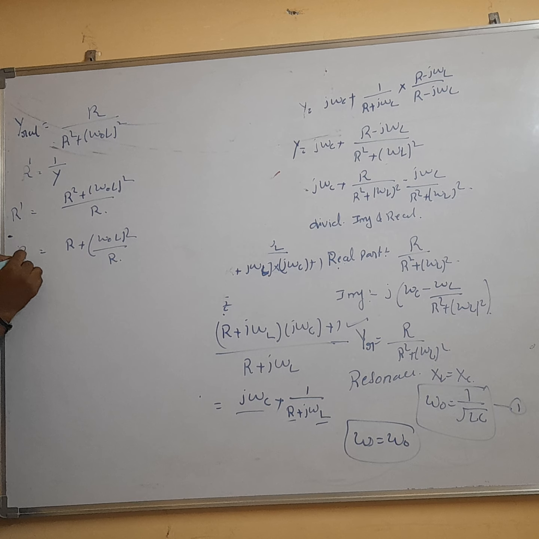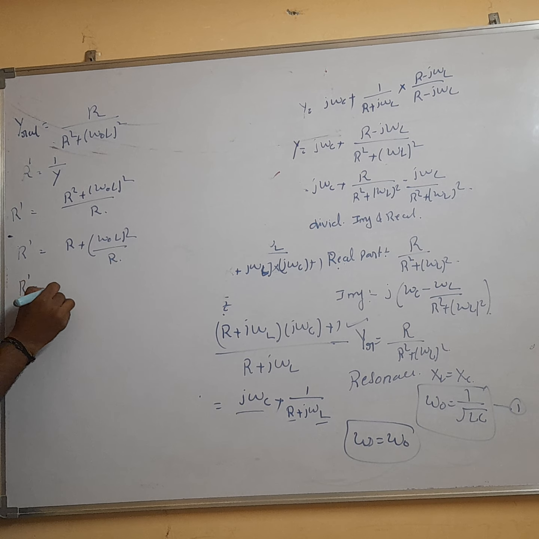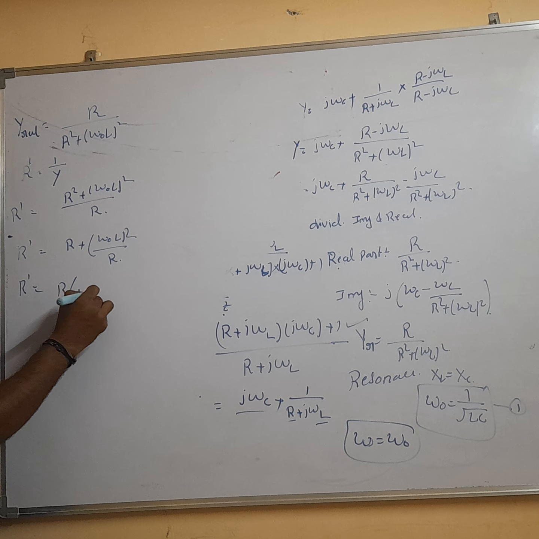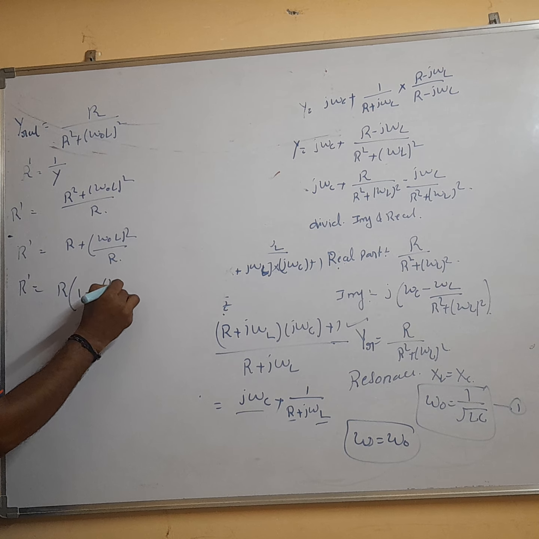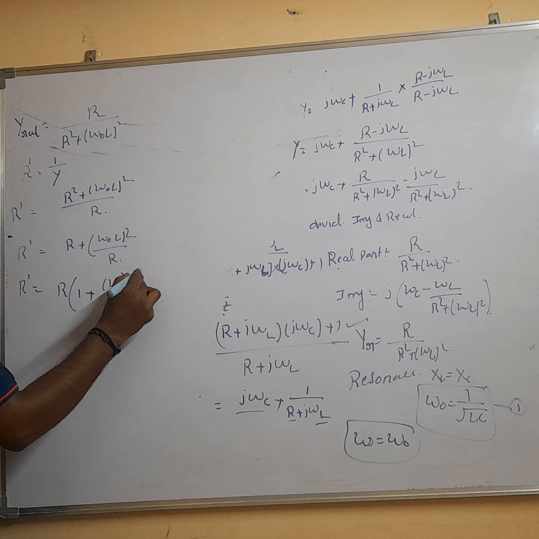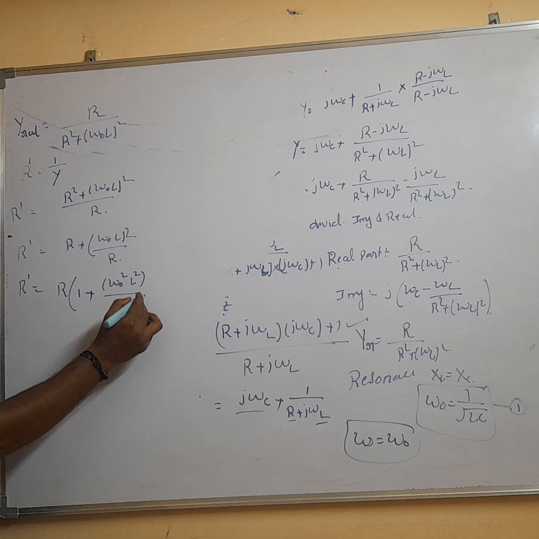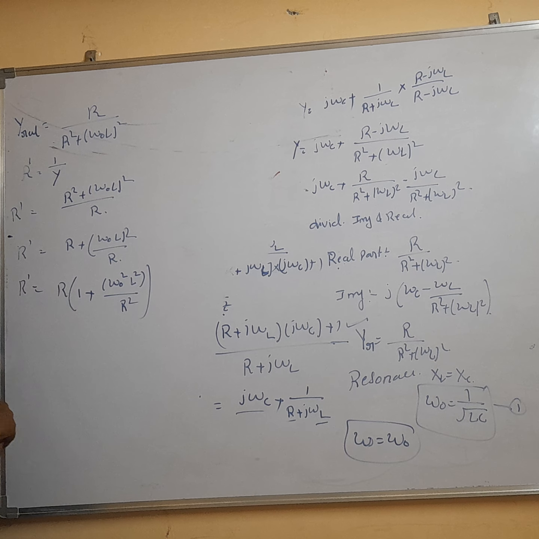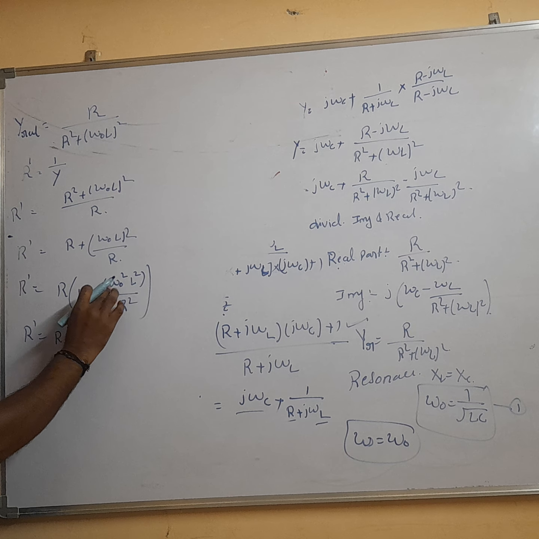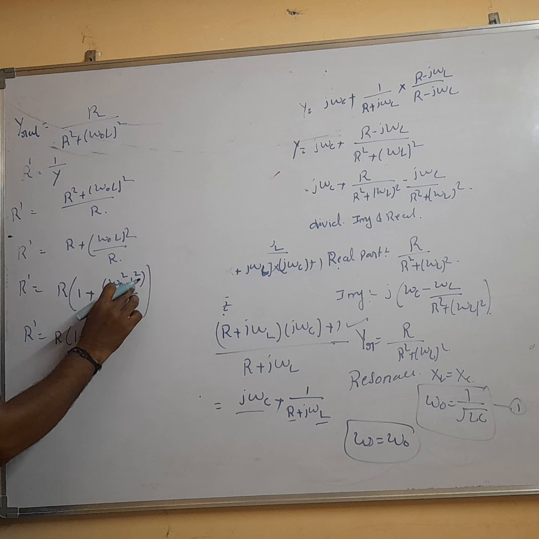From this we can find R dash. Taking R common, R dash is equal to R times 1 plus omega naught L by R whole square. This is the equivalent impedance matching resistance.